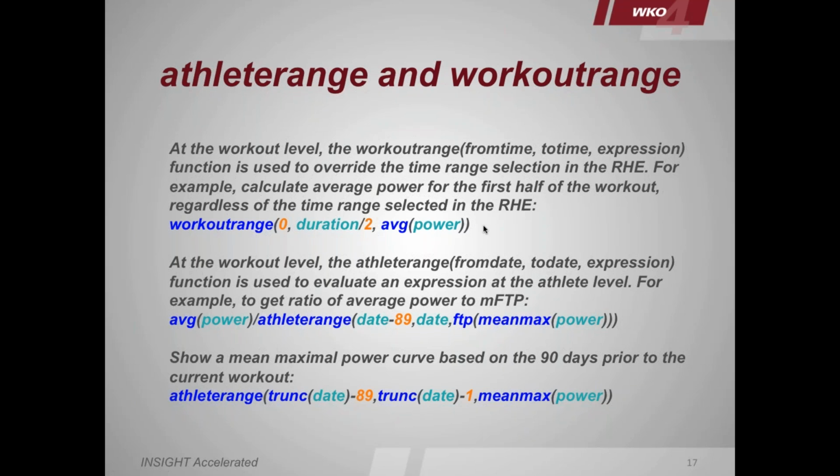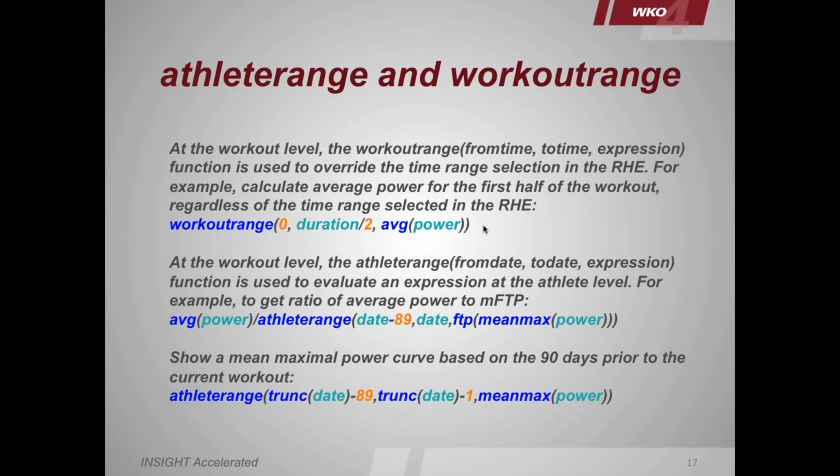So if you pick lap 1 or lap 2, you're only seeing the chart using the data from lap 1 or lap 2 or your best 5 minutes. What workout range does is it lets you totally defeat that feature, which I would kind of discourage, because the whole point is being able to see what happens when I look at individual ranges, or compare ranges with the control click feature.